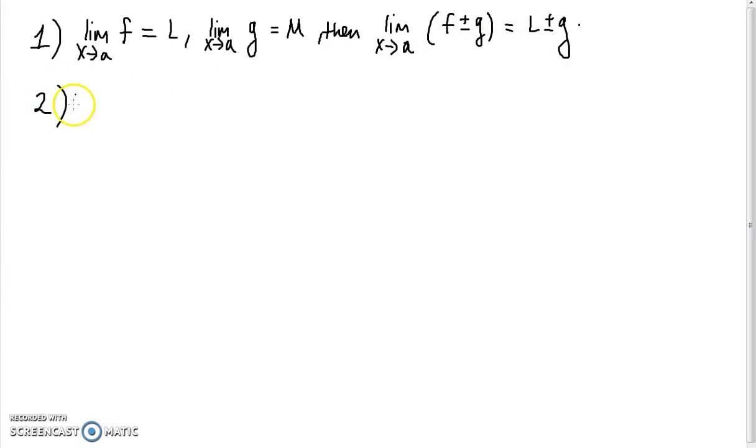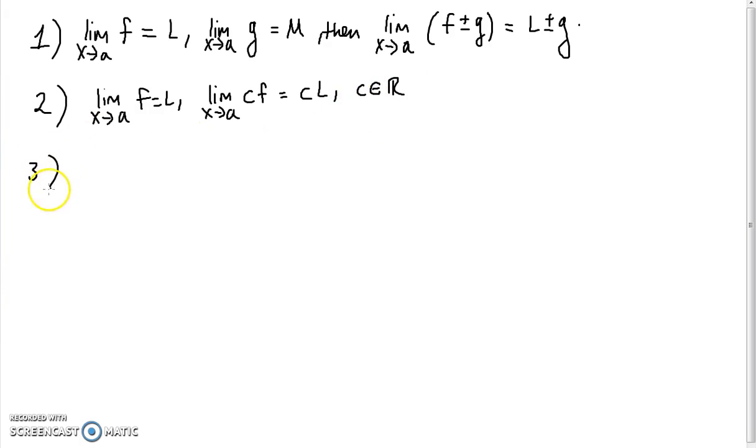Okay. 2. If the limit as x approaches A of f is equal to L, then the limit as x approaches A of c times f is equal to c times L, where c is any real number. Okay, so that's straightforward. 3.